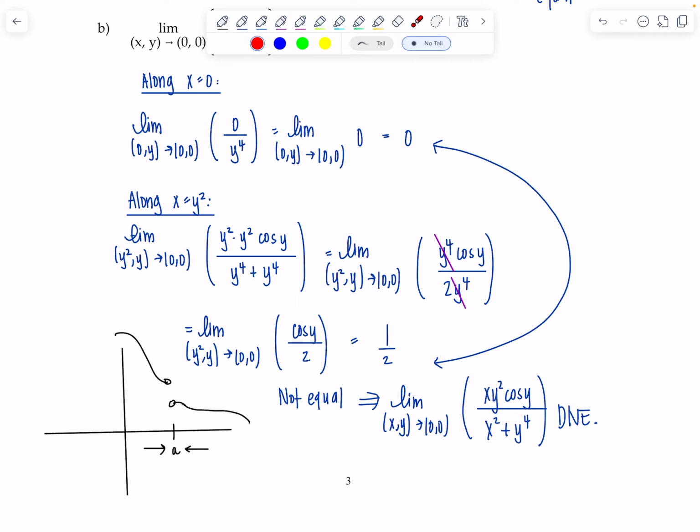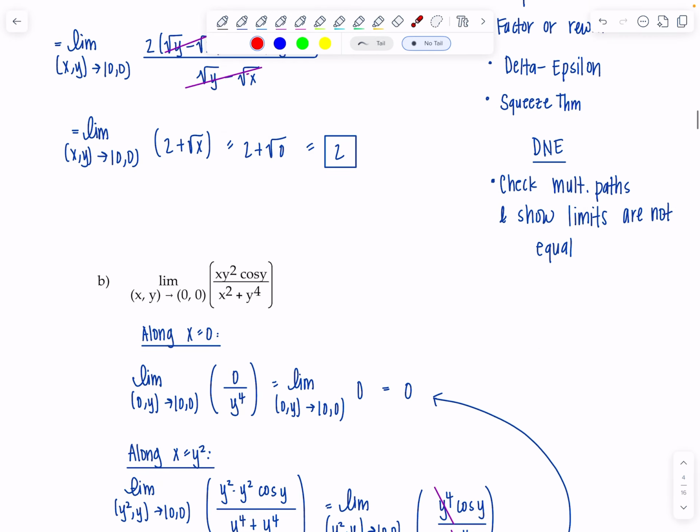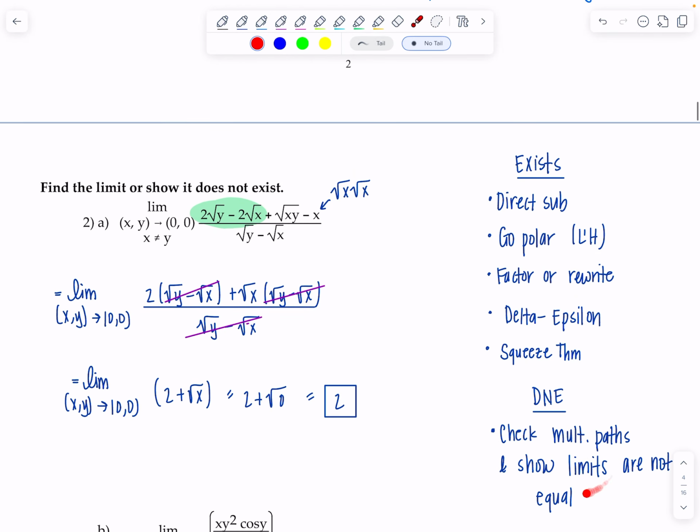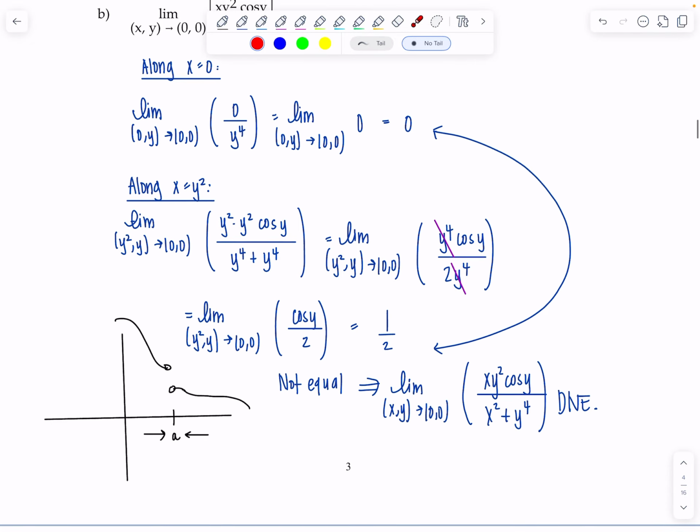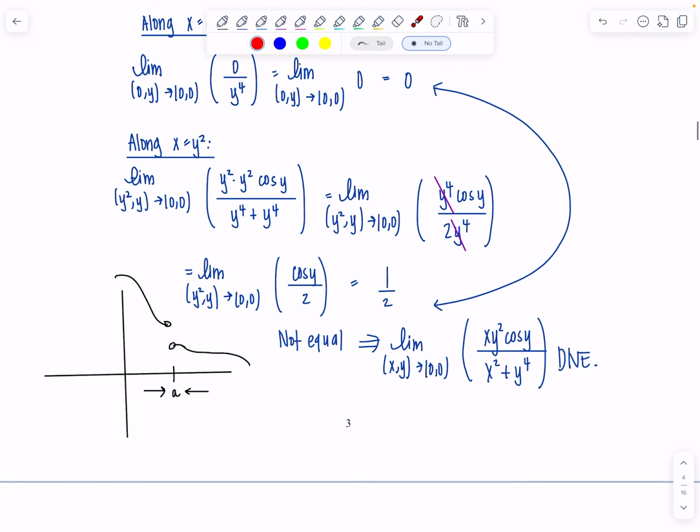It's only helpful when you get 2 different values, then you can conclude the limit doesn't exist. So you only test paths to show a limit doesn't exist. Notice I only put it here. If you do want to show the limit exists, we have all these other things we can do. Direct sub, go polar, factor, squeeze theorem, delta epsilon. Okay, so keep that straight. You're only testing paths if you already kind of suspect it doesn't exist.